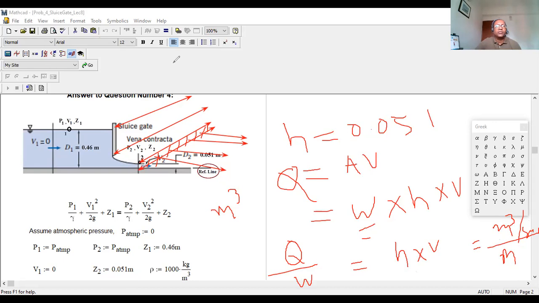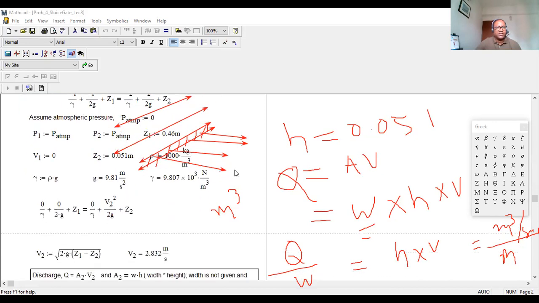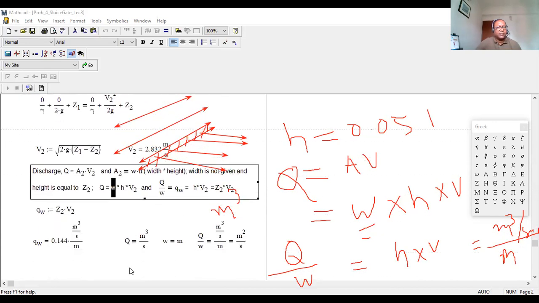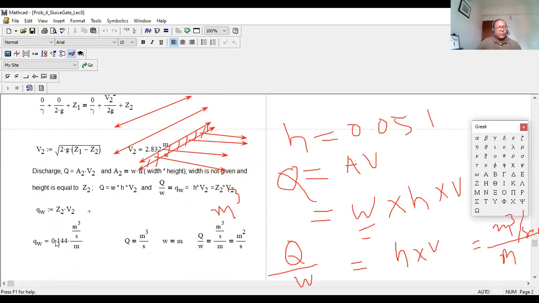This will be your discharge through the gate. So Q equals H, which means Z2, 0.051, times V2. You multiply and you get Q. Q is in meter cube per second, W is in meters, so on the right-hand side you get meter square per second, which is actually meter cube per second per meter.